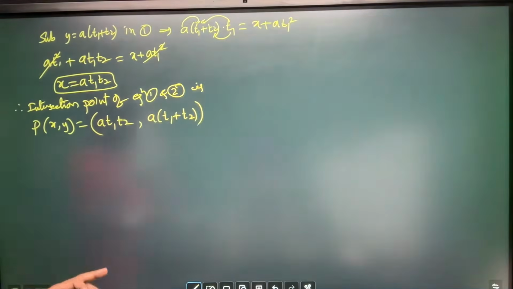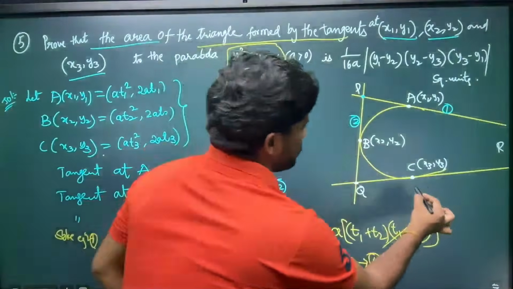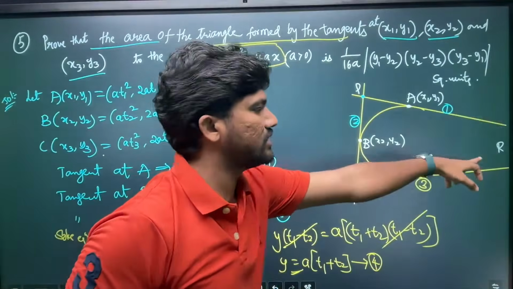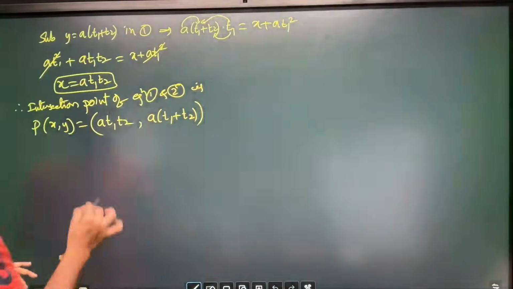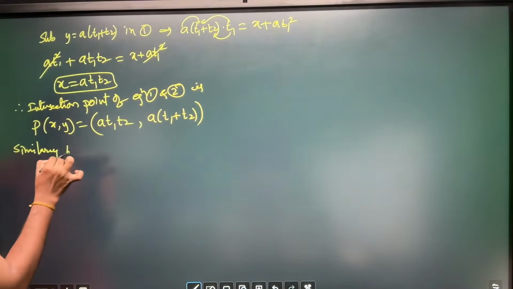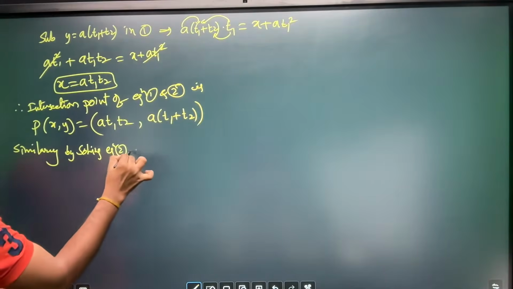Similarly, we have to find the intersection point of equation 2 and equation number 3, that is Q. And similarly the intersection point of 3 and 1. There is no need to do the process, we can just write similarly by solving equation 2 and 3.